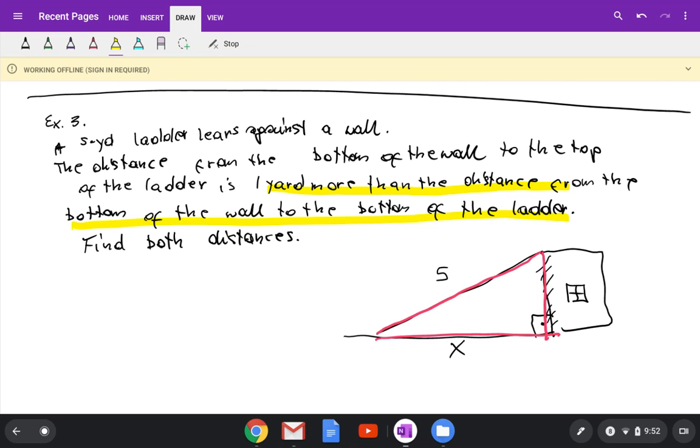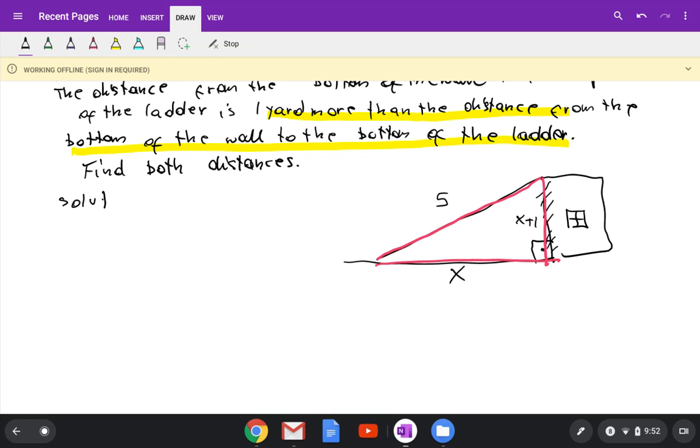So since I'm comparing this distance right here to the distance from the bottom of the ladder to the bottom of the house, that's why this is your x, and this one is x plus 1. I just want to tell you guys that my picture is not to scale, but this is x plus 1. So how are you going to solve it?